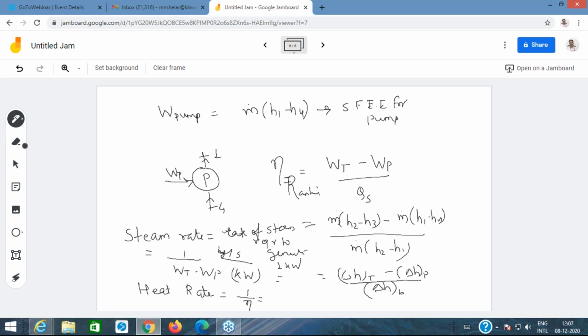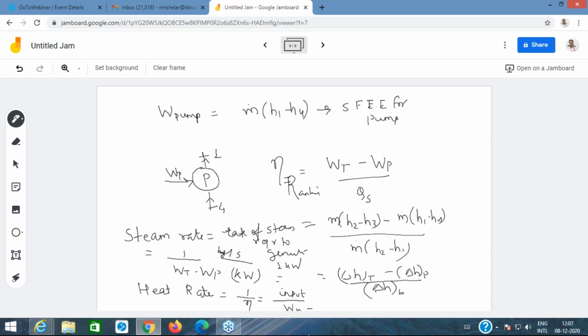Efficiency is output upon input; this is input upon output, heat input upon the net work output. So the heat rate, again, should be minimum.